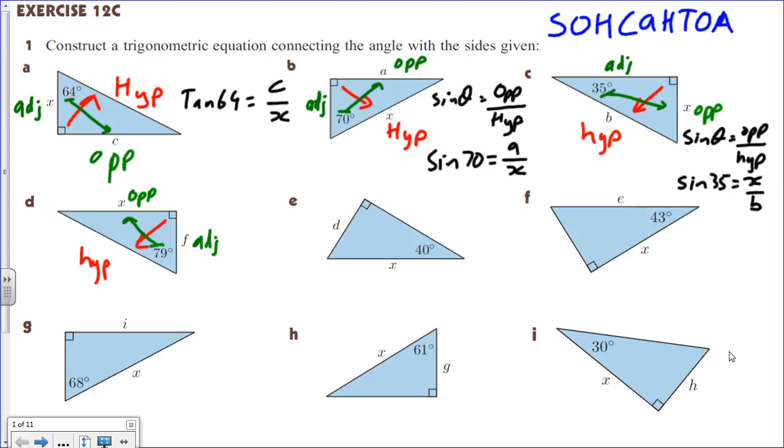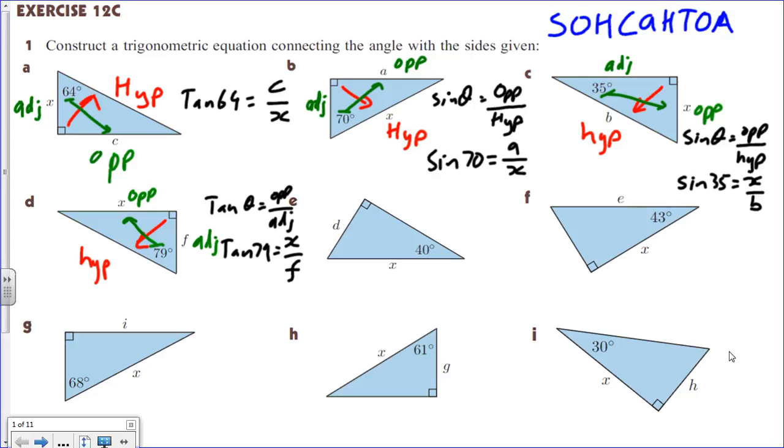So again, I look at SOHCAHTOA. I've got opposite and adjacent. That happens to be tan. So I've got tan theta equals opposite over adjacent. So that's going to give me tan 79 equals X over F.